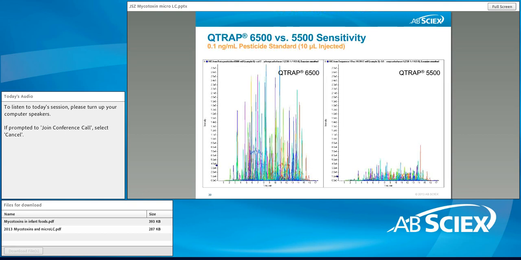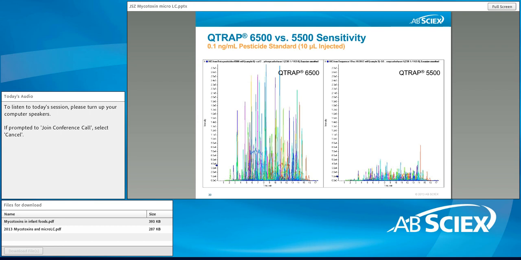I just want to show you one slide here, even though this is not measuring mycotoxins. This is a comparison between 6500 and 5500. It's a mixture of different kinds of pesticide standards. So you can see we have a big improvement in terms of intensity.